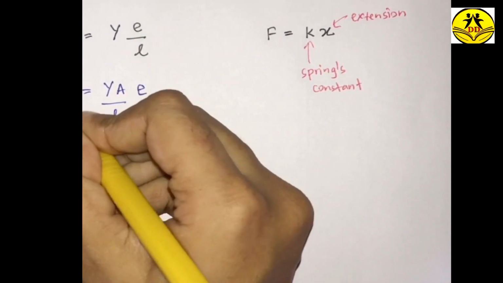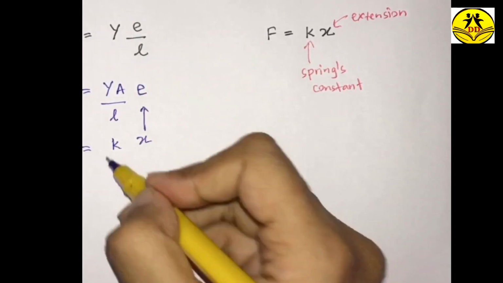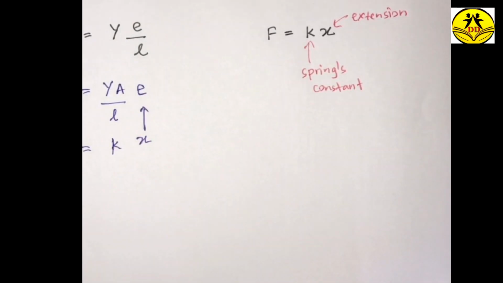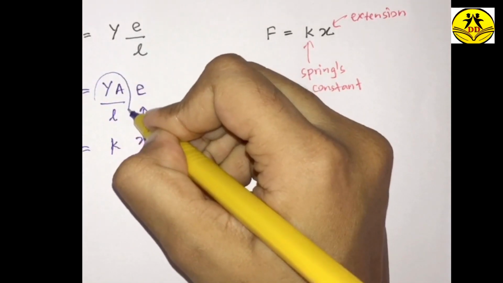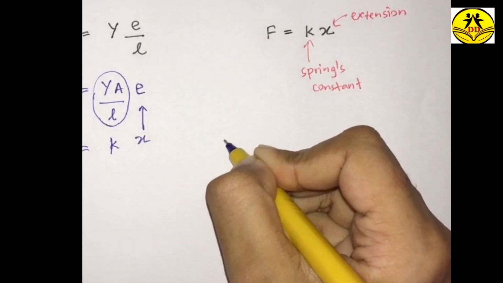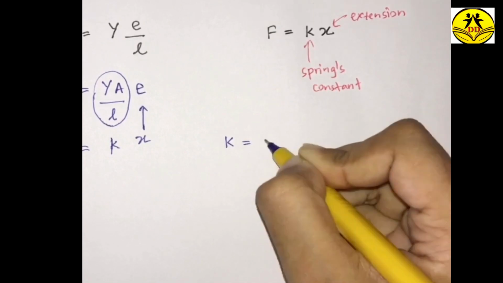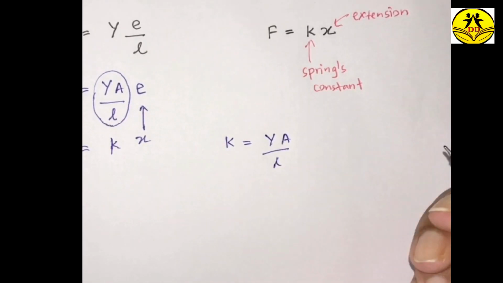So this is compatible, this is compatible, hence this k, that is Spring's constant, must be compatible with these terms. Hence we can get a relationship between k and Young's modulus, that is k equals Y A over L initial length.